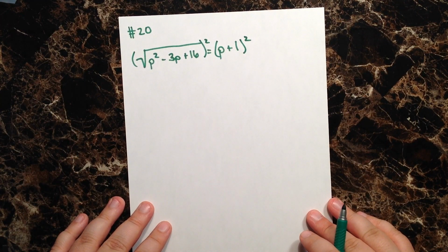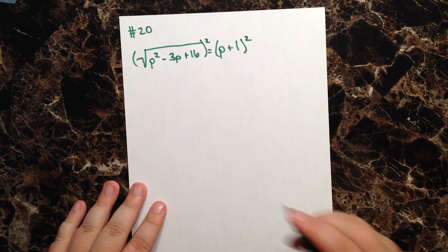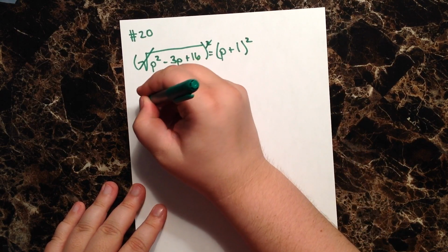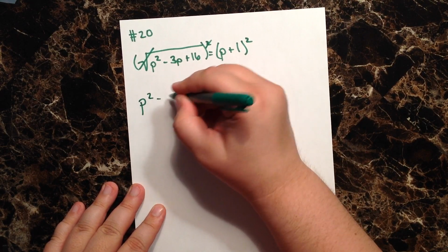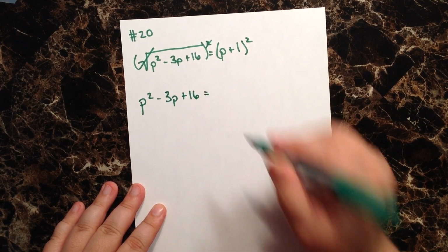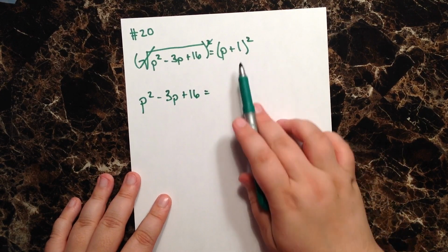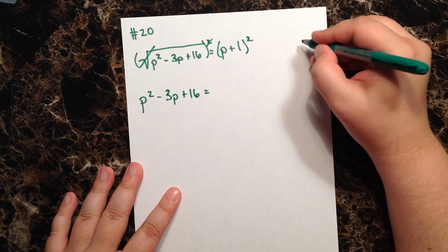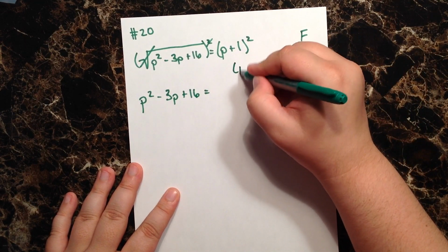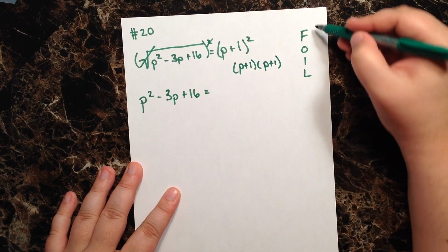When we square both sides, on the left-hand side, all I get is an elimination of that radical sign simply by squaring, and I'm left with everything that was originally under my radical. On the right-hand side, however, since I'm squaring a binomial, I want to write my binomial out twice and then FOIL.